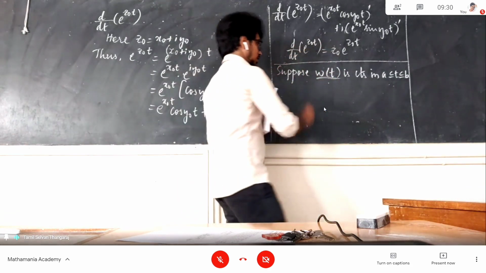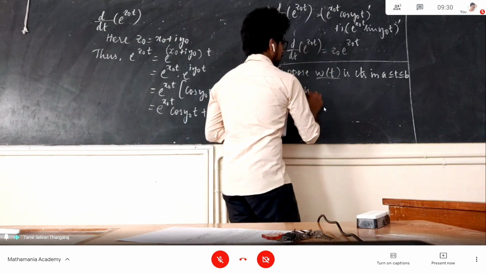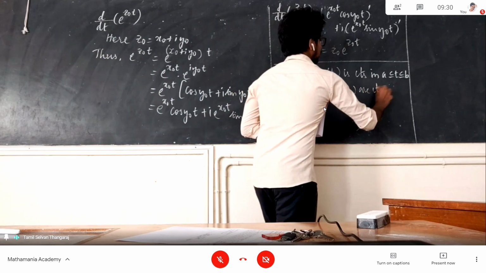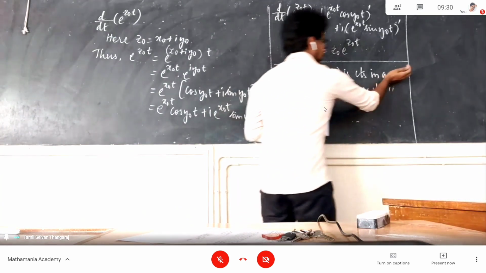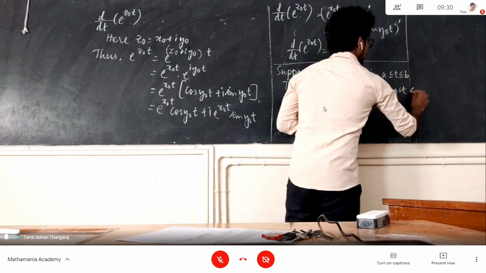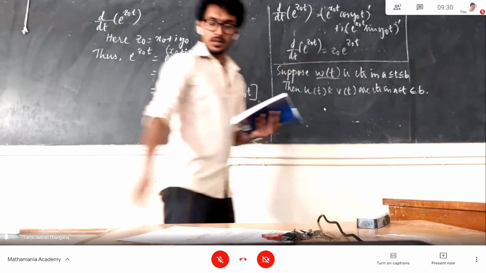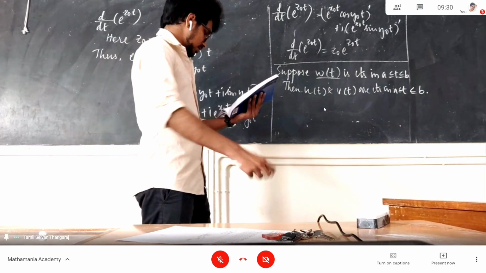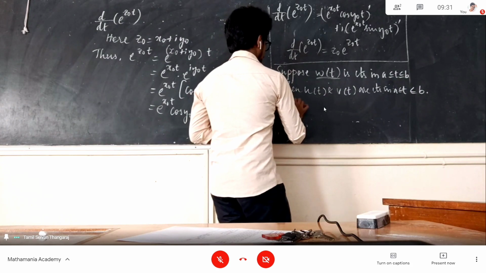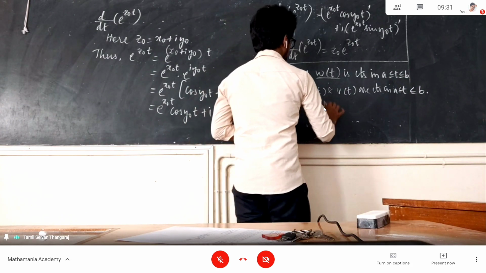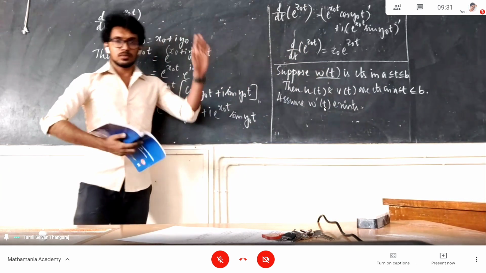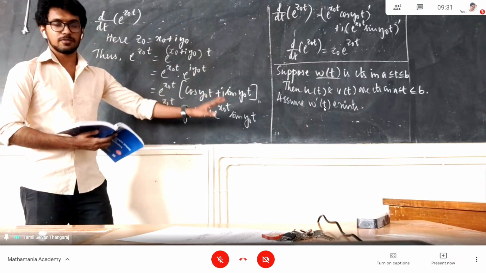If it is continuous, then the component functions u of t and v of t are also continuous in the prescribed interval. This continuity is well defined, and let us assume further that w prime of t exists. This is one more assumption that we have made.